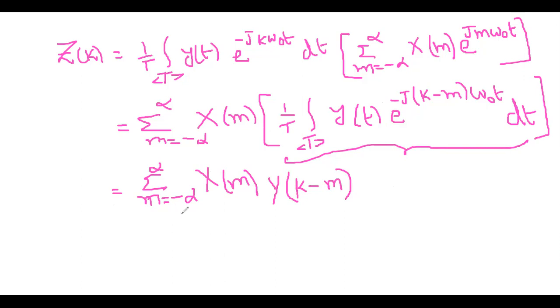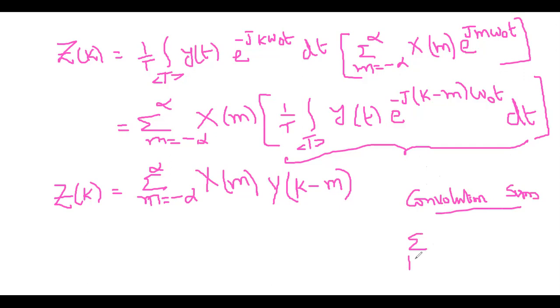See, this is the equation, z of k is equal to the convolution sum. The convolution integral is the integral of x of tau, y of t minus tau, d tau. As a convolution sum. What is the convolution sum?